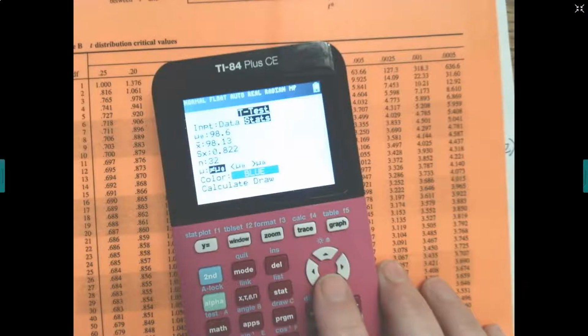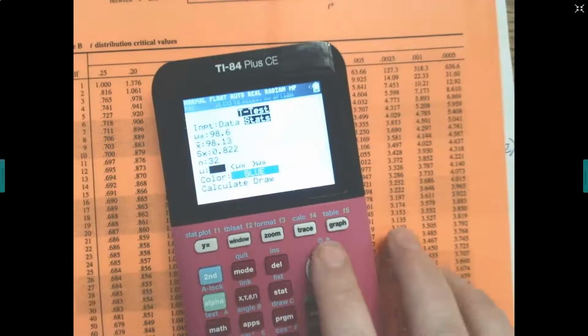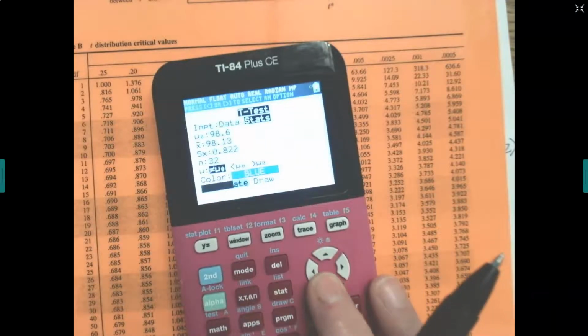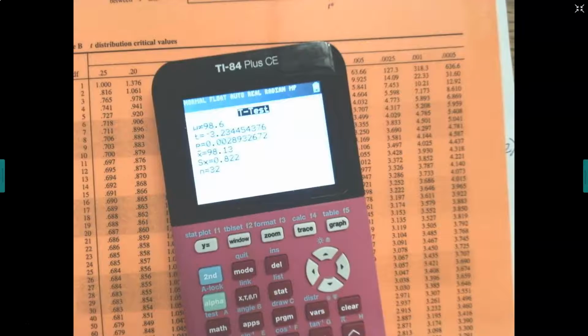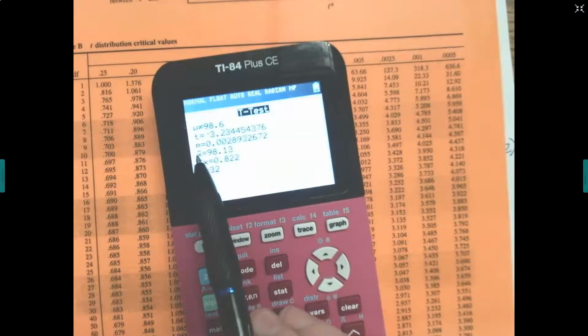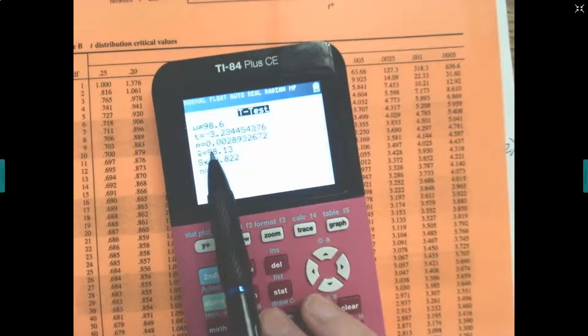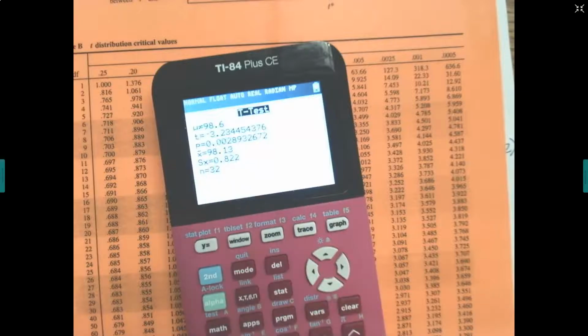We had a sample standard deviation of 0.822, and a sample size of 32. For our alternative, we had the not equal to, so you need to make sure you take care of this here. When I tell it to calculate, there's our t-statistic, negative 3.23, and I got a p-value of 0.0028. So let's take a look at that on our paper.